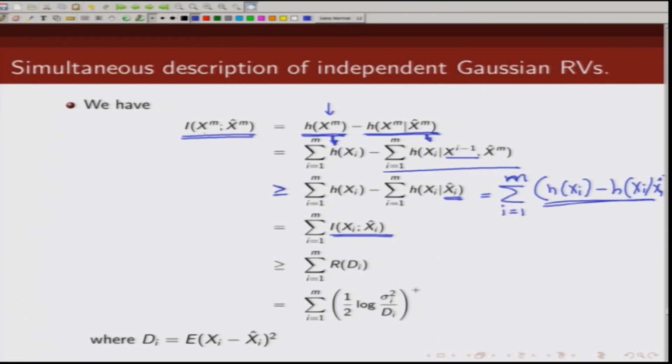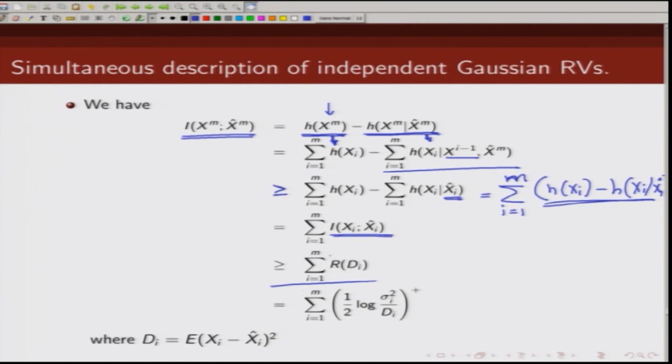So the mutual information between the sequence x^m and x hat m is lower bounded by the sum over i going from 1 to m of the mutual information between xi and xi hat. And since we know the rate distortion function is the minimum of this, this can be lower bounded by the summation over i going from 1 to m of R of di.